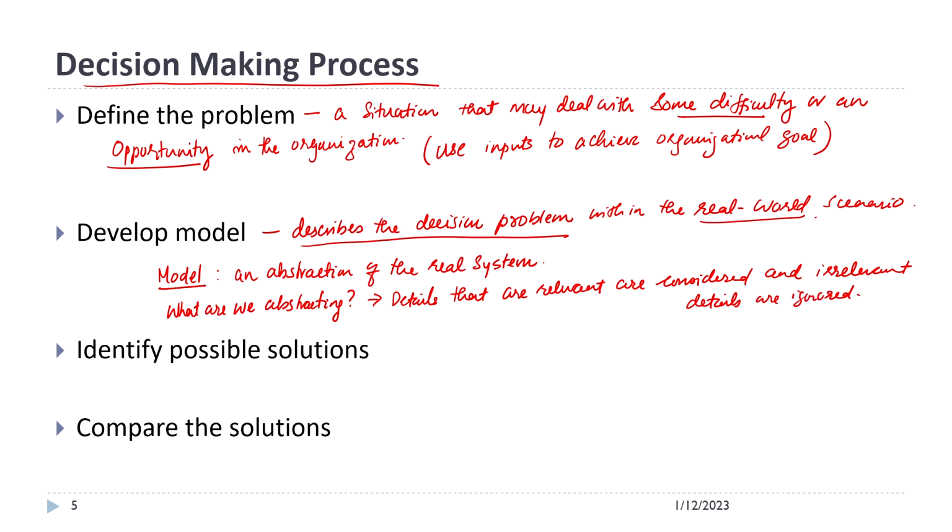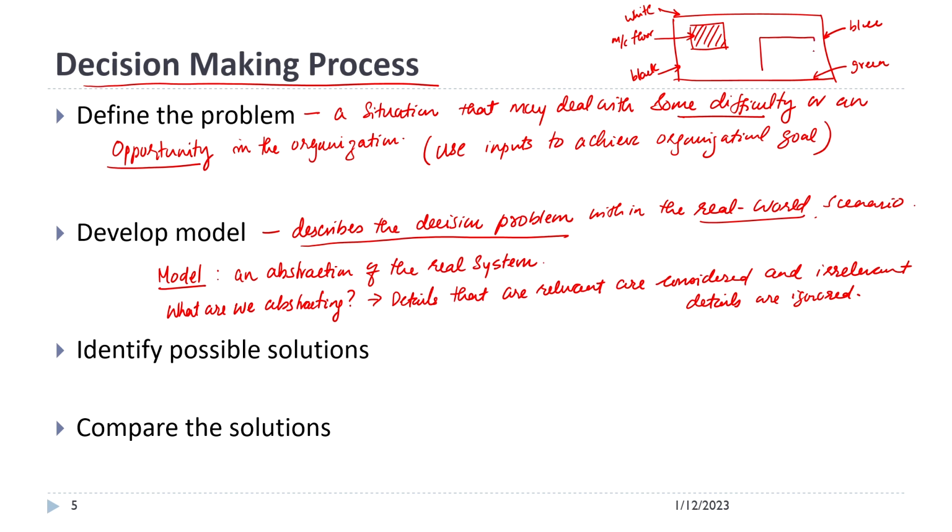Let us say you have to make a decision of where to place a machine in a factory. This is a factory building and this wall is painted green, this wall is painted blue, this is painted white and this is painted black. Just as an example. Here there is machine flooring, and this is another place where you have machine flooring.